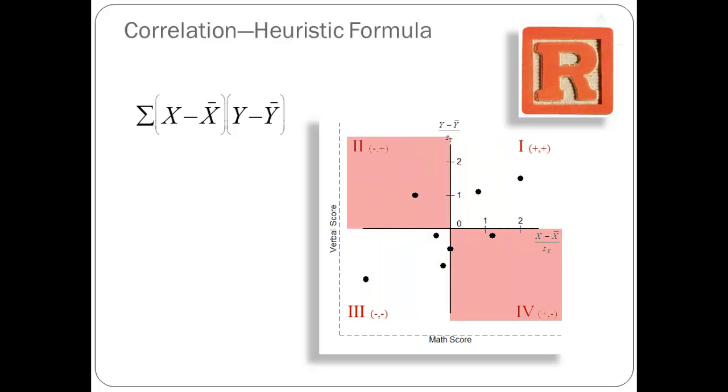Well, switching over to quadrants 2 and 4, you can see here that the product of these two deviations has to be negative. In one quadrant, x is going to be below average but y above, so one is negative, one's positive. And in the other, that reverses, with one positive and one negative. And we know when we multiply a negative number times a positive number, we get a negative number.